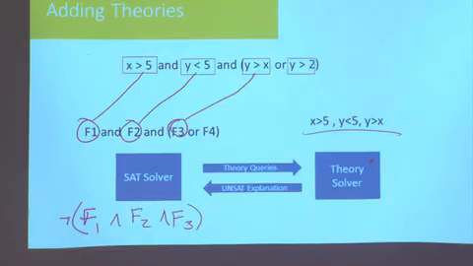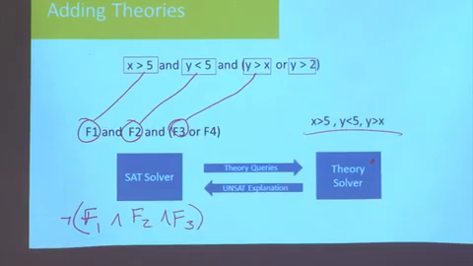And so now that's a piece of information that I can go back to the SAT solver with and ask, hey, can you give me a solution that satisfies not only the constraint that you had in the beginning, but also this new constraint that the theory solver discovered? Right? So now is there some other assignment that satisfies both of these constraints?